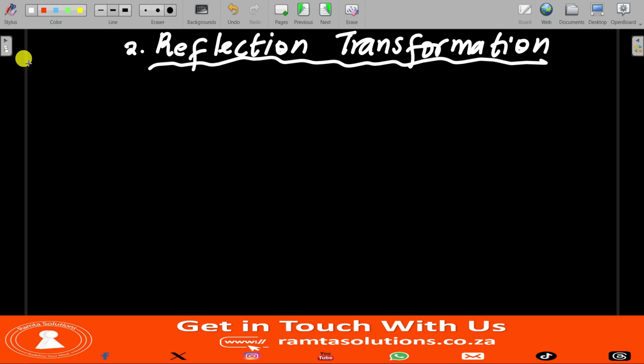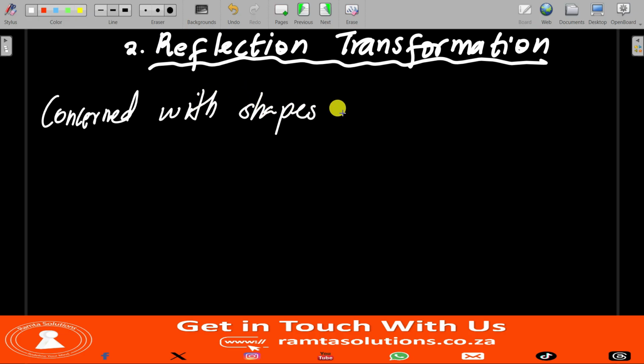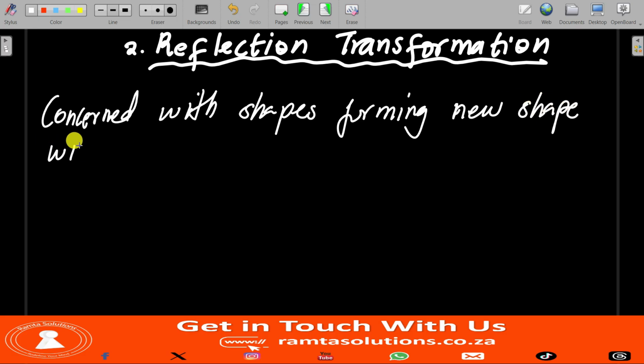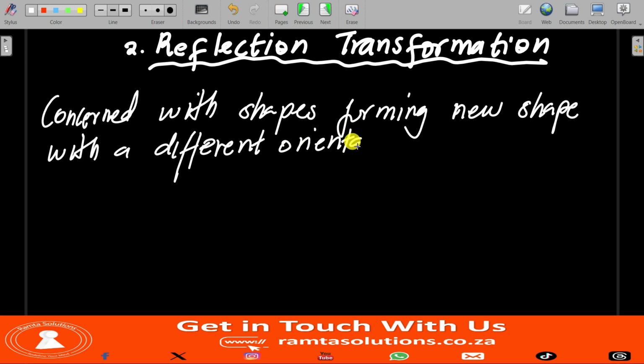So with this one, it is concerned with shapes forming new shapes with a different orientation.